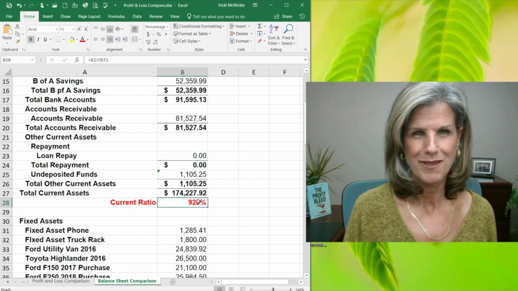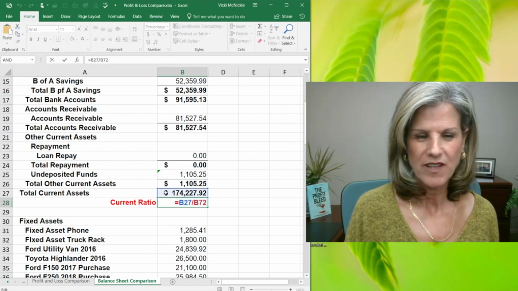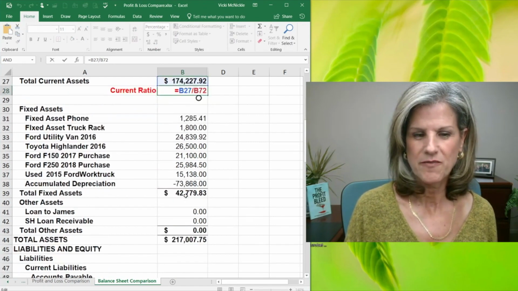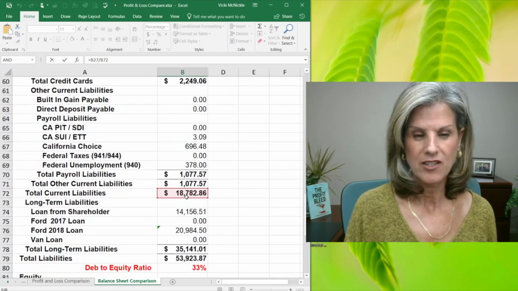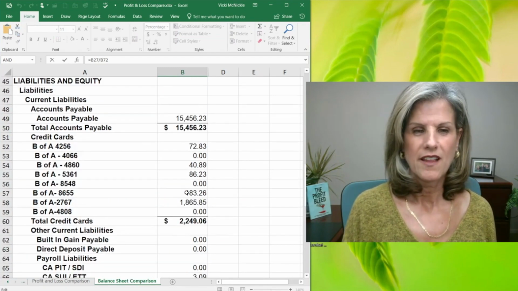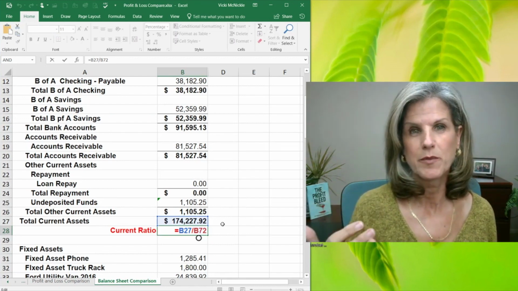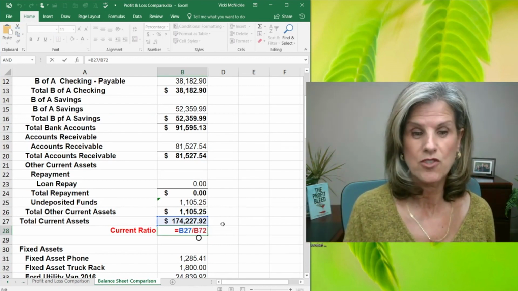I know there's not a percentage point there, but that's what that is. It's 9.28. If I take the $174,000 and I divide it by the current liabilities of $18,782, that is 9.28 times more assets than liabilities, current assets versus current liabilities.